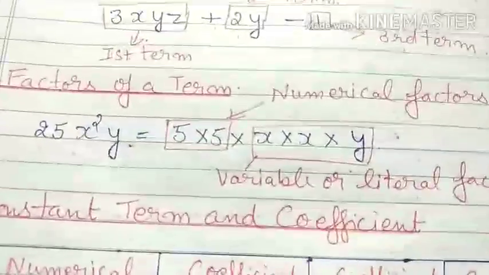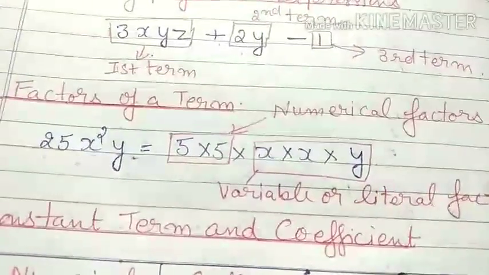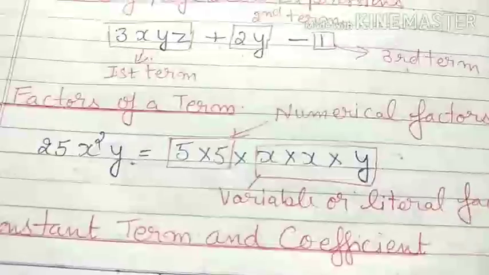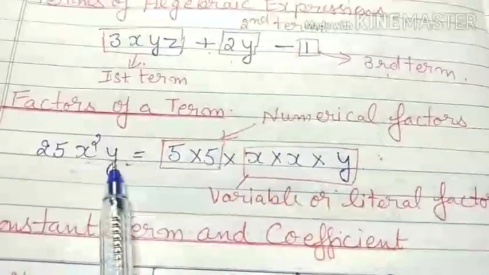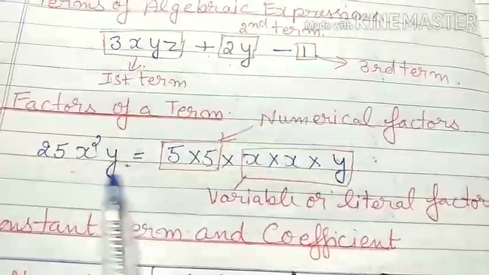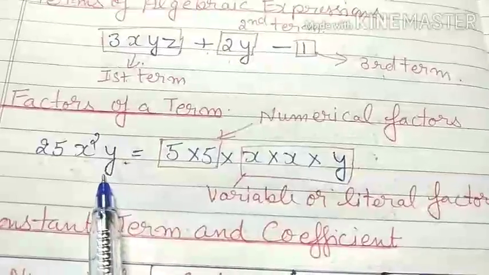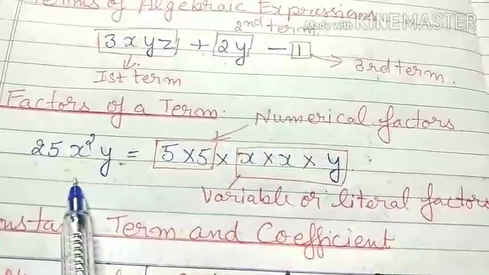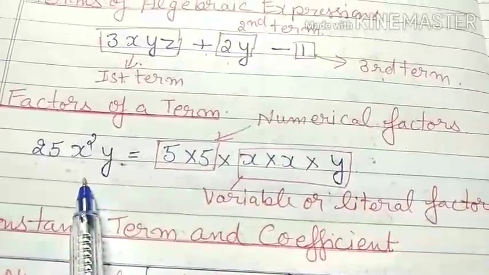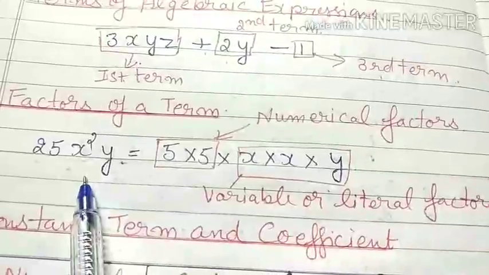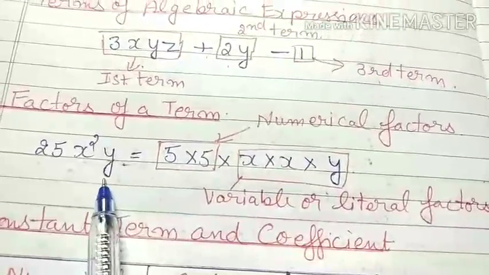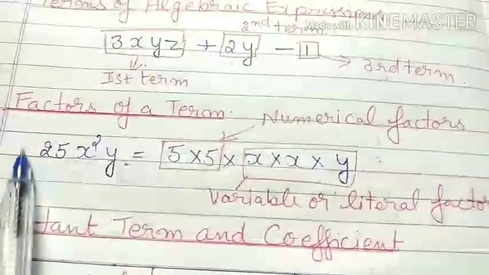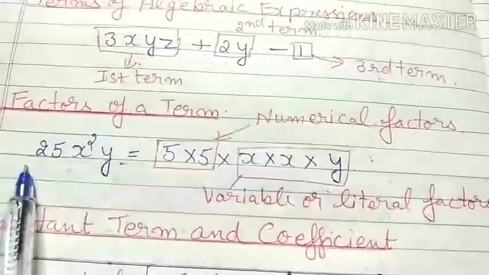Next is factors of the term. What do you mean by a factor of the term? When variables and coefficients are multiplied to form a product, each quantity multiplied is called a factor of that product. The constant factor is called the numerical factor.